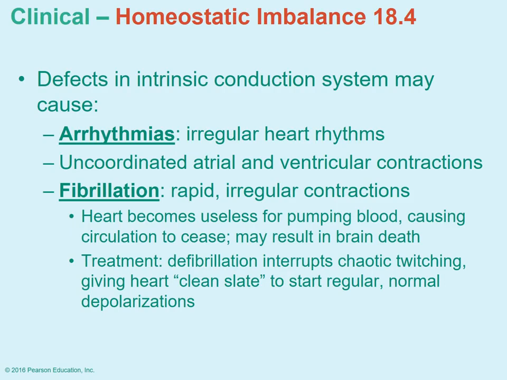It's still pumping, but if those contractions are too fast and if they're not coordinated, you're not pumping the blood in an efficient manner. And essentially, the circulation or movement of that blood may cease, which is going to result in brain death because you're no longer supplying the nutrients and oxygen as you're supposed to.